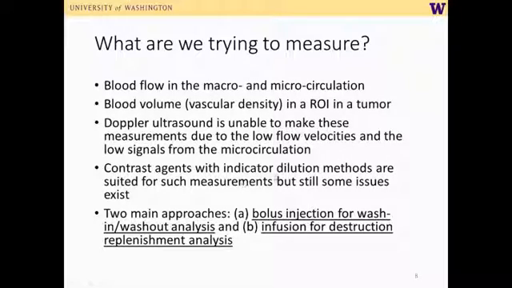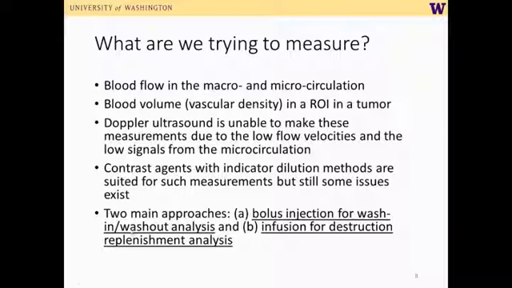Contrast agents with indicator dilution methods, and I will explain that now, are suited for such measurements, but still some issues exist. And finally, there are two approaches for quantification. One is bolus injection for wash-in, wash-out analysis, and the other is infusion for destruction replenishment analysis.